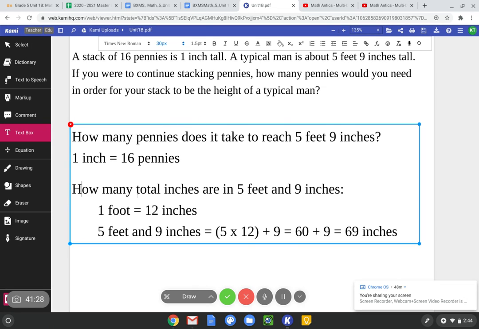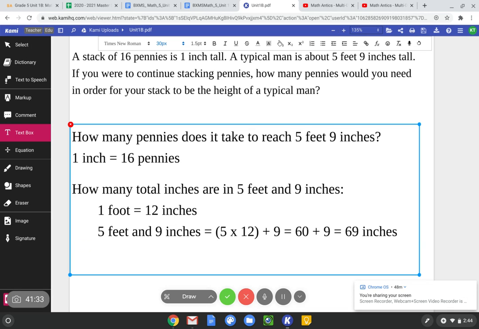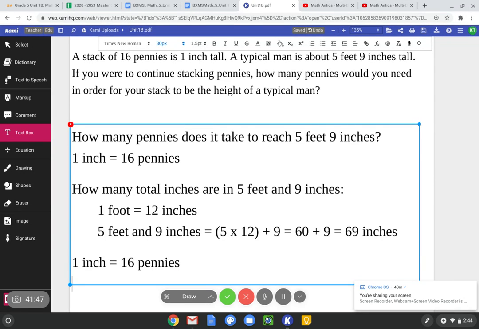Sorry, I'm just going to capitalize that. There we go. Okay, so now we know there's 69 inches. And there's 16 pennies in 1 inch. So 1 inch equals 16 pennies. And we have 69 inches.